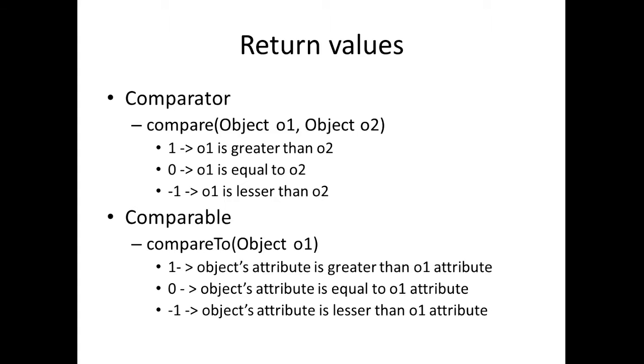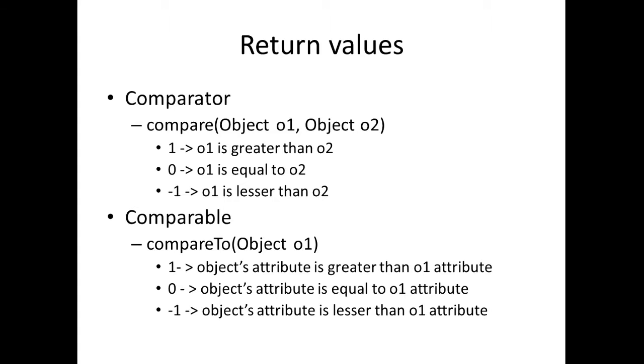When it comes to the return value, this compare method is going to return an int value, and that int value is going to consist of a number that determines where in the list an object should be placed in order to satisfy the logic that we implement in this method.